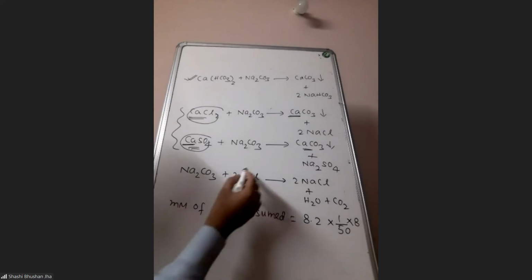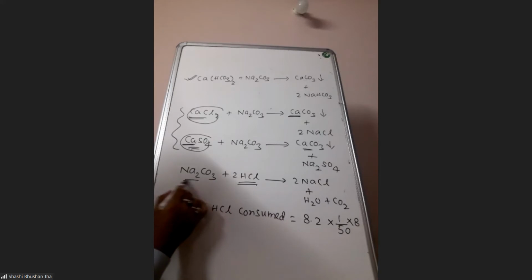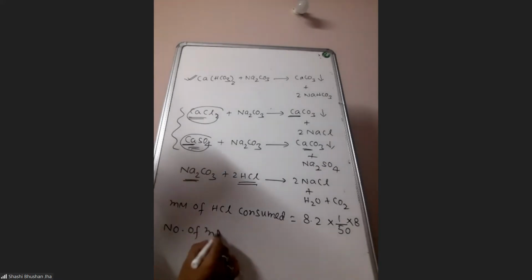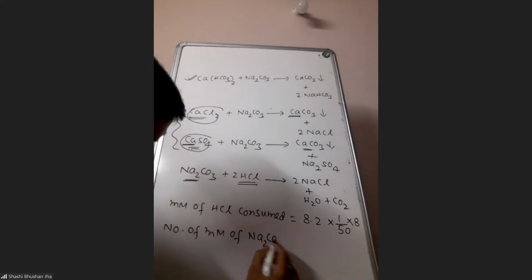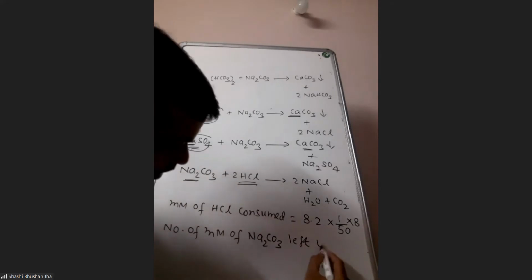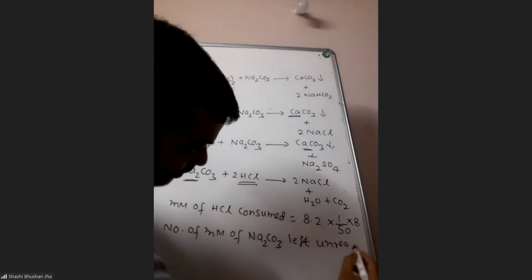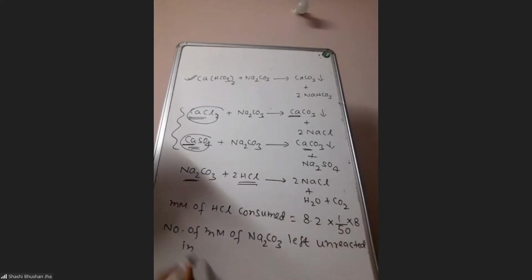Now, if 2 moles of HCl are consumed, then number of moles of sodium carbonate left will be 1. So from here you can get the number of millimoles of sodium carbonate left unreacted in treated water.